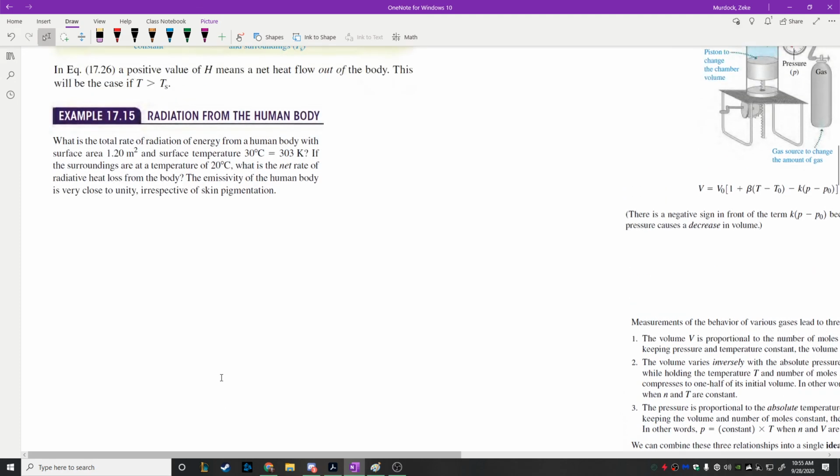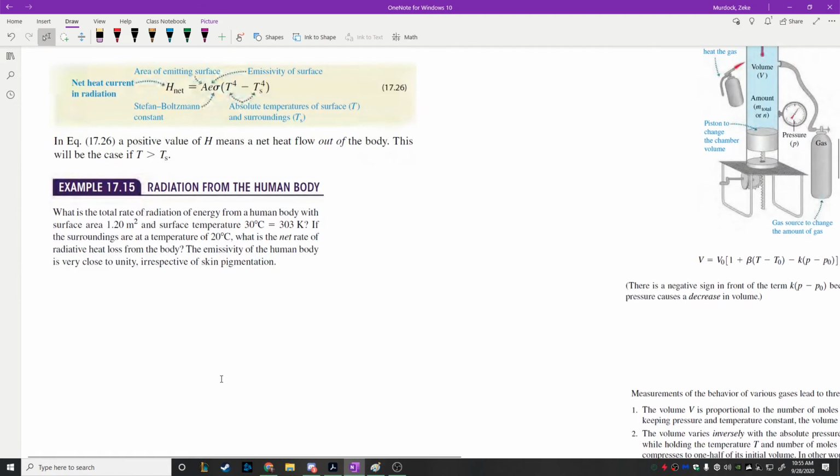All right. So this is what we want to do, and here's a problem to look at the application so we can understand what this even means. What is the total rate of radiation of energy from a human body with a surface area of 1.2 meters squared? Is that a good number for one meter squared? That's pretty big. I guess that could be the surface area of a human.